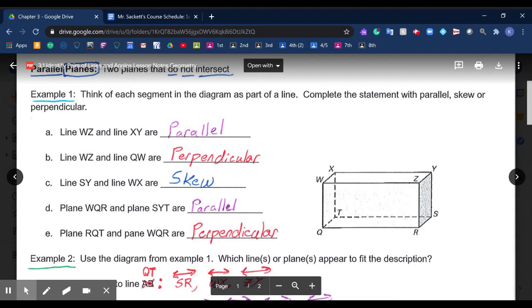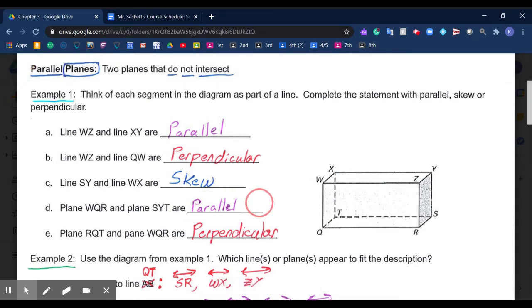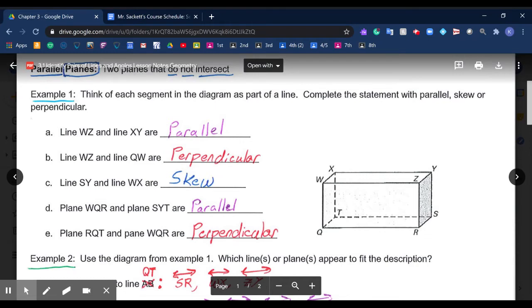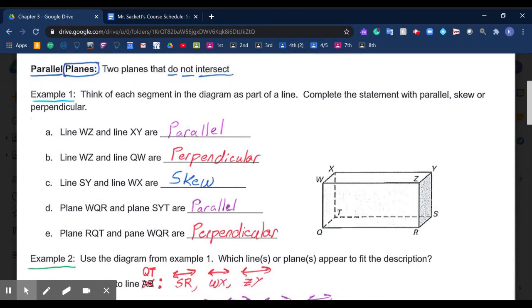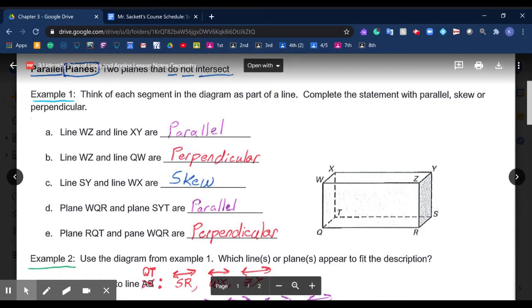So the plane on the front and the plane on the back are parallel. And then plane RQT and plane WQR are perpendicular. RQT, the bottom, and WQR, the front: the front and the bottom intersect at 90 degrees, so they would be perpendicular.